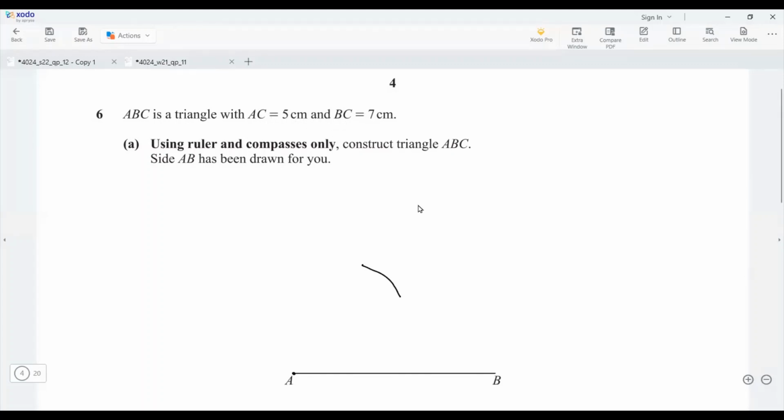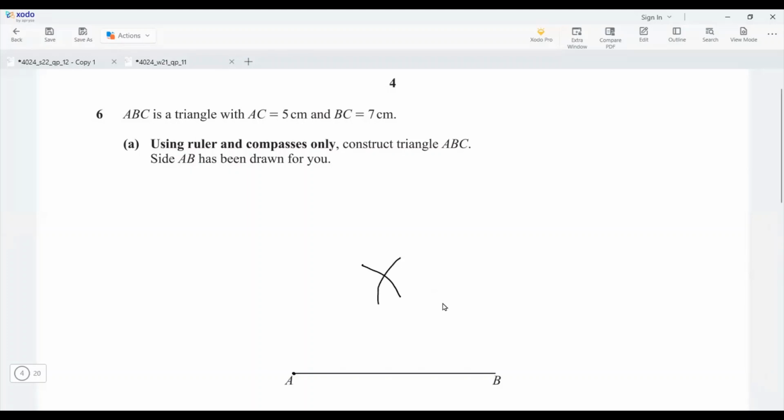Similarly, BC length is 7 centimeters, so we have to open our compass to 7 centimeters, put the needle onto point B, and then draw an arc that must intersect the previous arc.